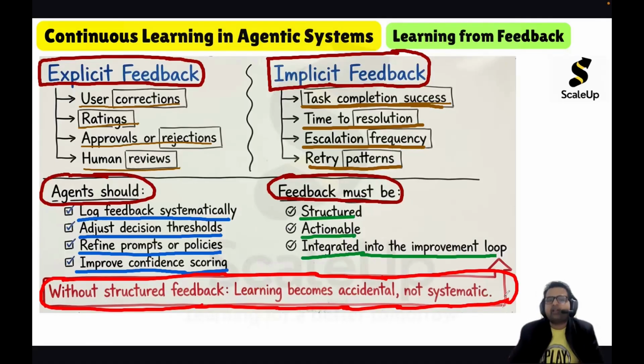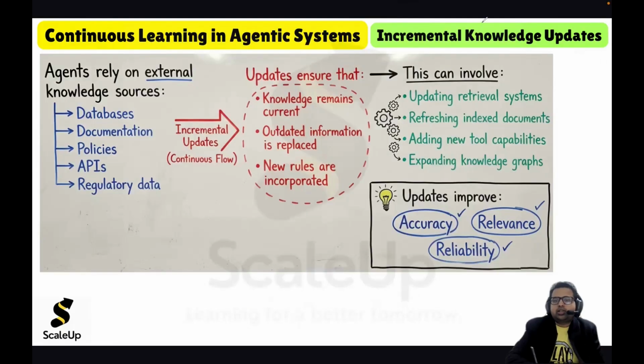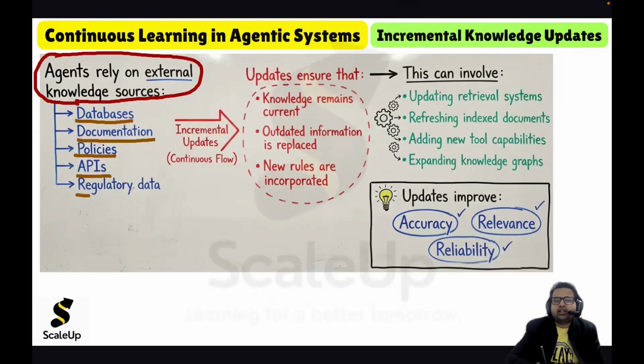So now we saw that continuous learning in agentic systems means they can keep on learning from feedback on the fly. Incremental knowledge updates. See, agents rely on external knowledge sources. Agent systems rely on databases, documentation, policies, APIs, regulatory data.